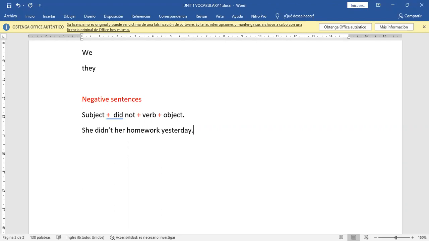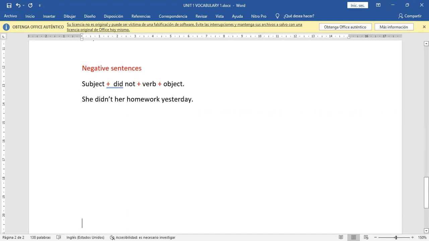Do you agree? Teacher, the verb is missing. The verb is missing, and tell me the verb. Tell me, please. Do. She didn't do her homework yesterday. Yes.